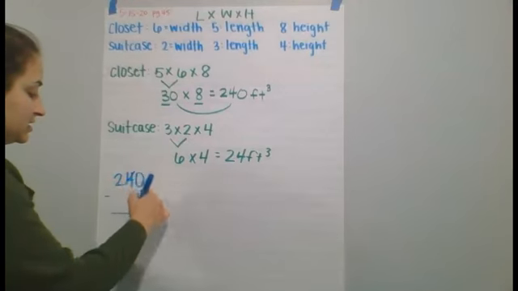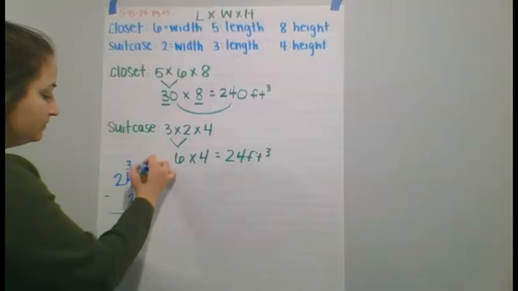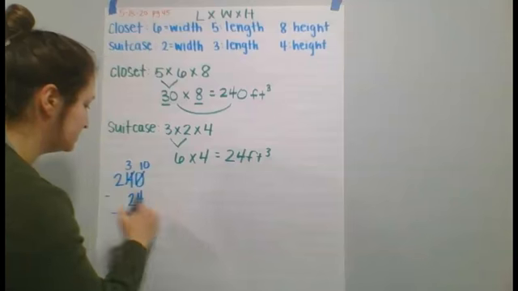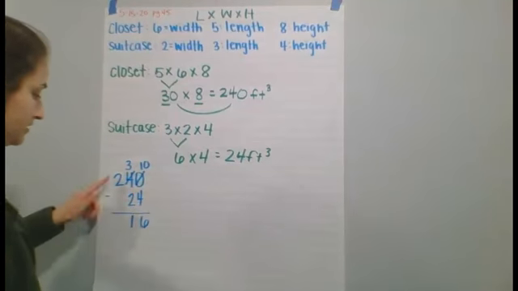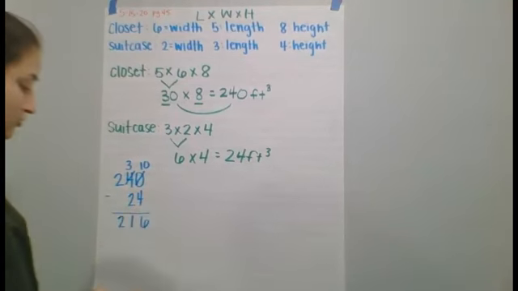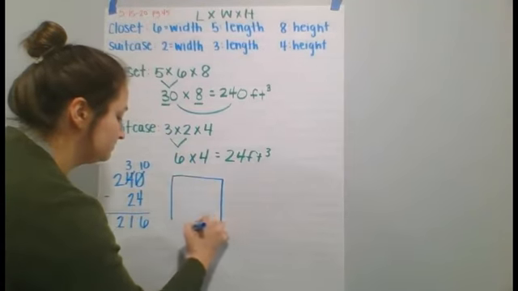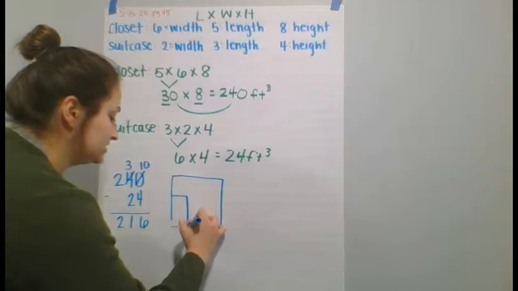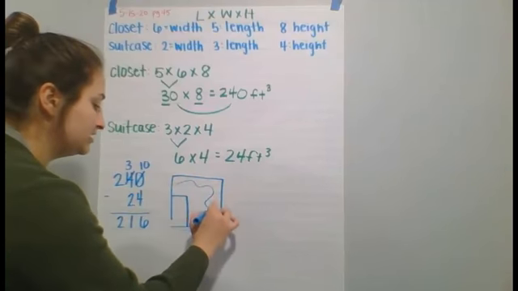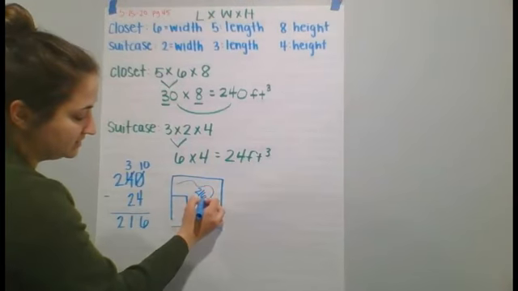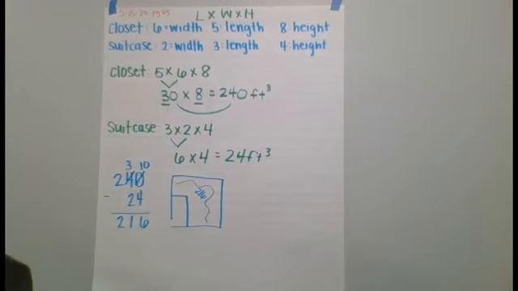So we can't do 0 minus 4, so this becomes a 3, and this becomes 10. 10 minus 4 is 6. 3 minus 2 is 1, and then we have our 2. So basically what this means is if I've got my closet here, and I put my suitcase in here, this portion is going to represent that 216 feet cubed.